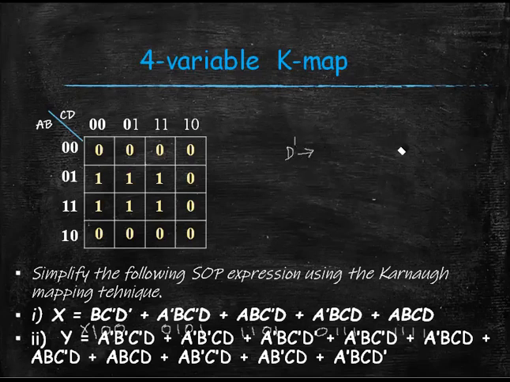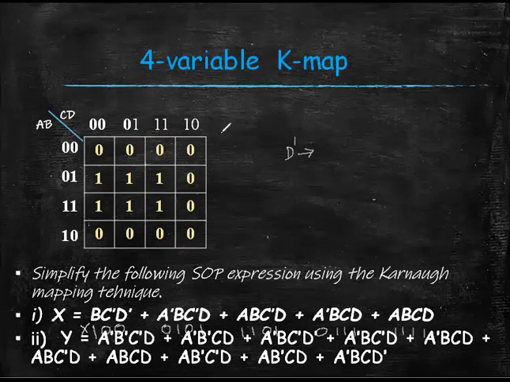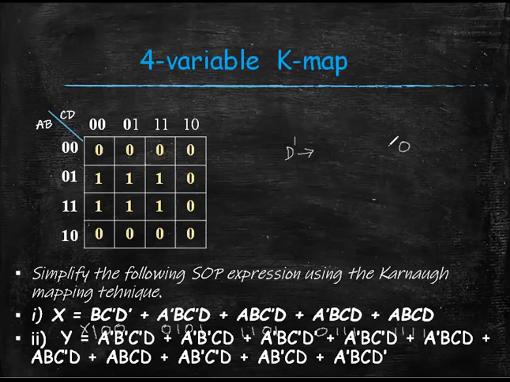D bar means we can look only in the position of D, there is a 0, and the remaining positions, let it be x x x, it may be 0 or 1.